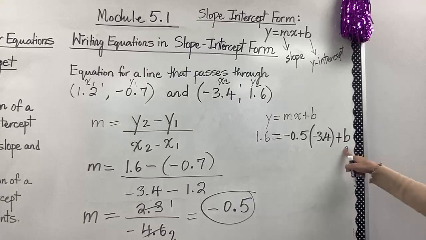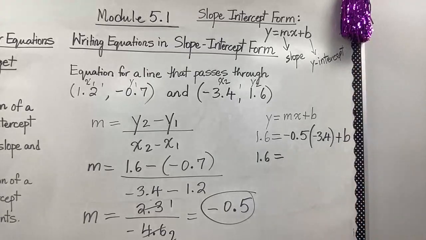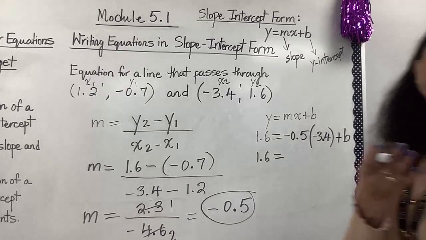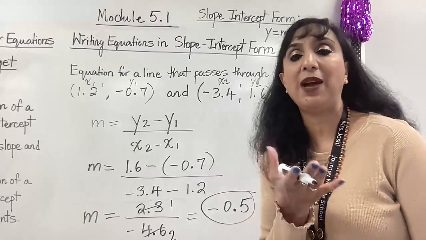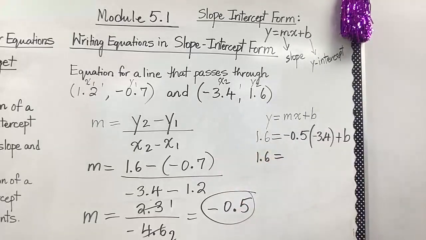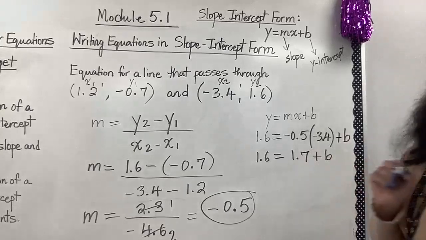Okay, so I have 1 6/10 is equal to negative times negative is going to be positive. And so basically what is half of 3 4/10? Because that's what you do when you are multiplying with 5/10. And I get 1 7/10 plus b.